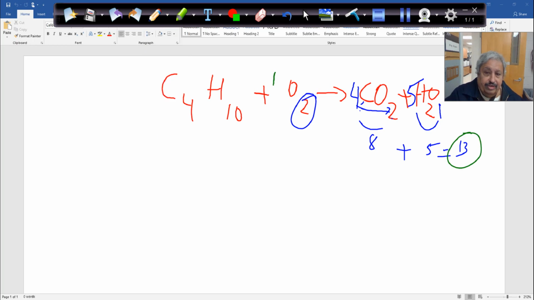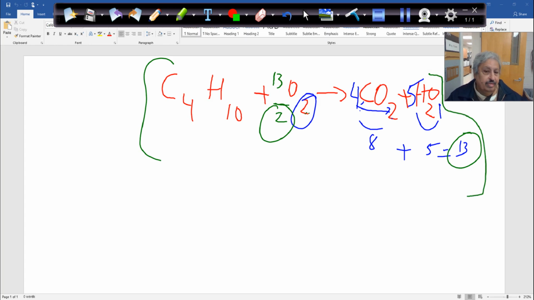This is the highest one, I'll put 13 here. This is 2 here, then I'll put 2 here. If it's 3, I'll put 3. Everybody following? The atoms are not fractional. There's no fraction of an atom. So 13 over 2, I have to get rid of the 2, so multiply the whole equation by 2.